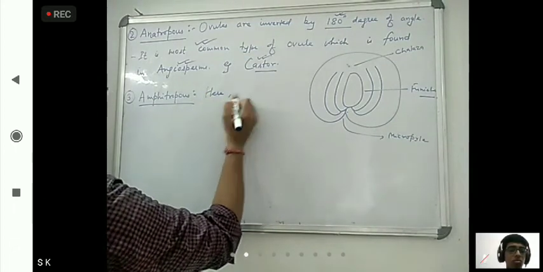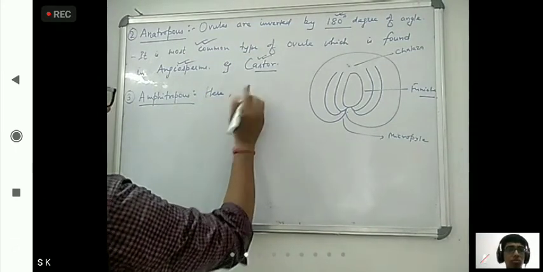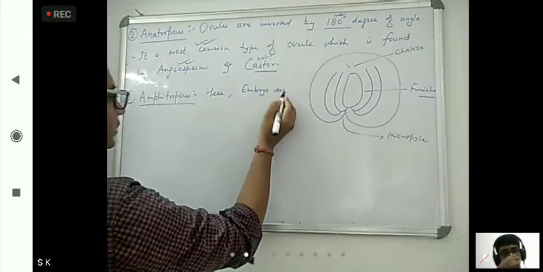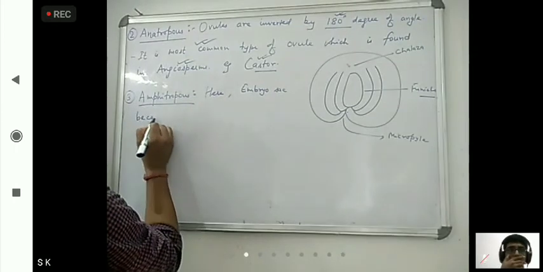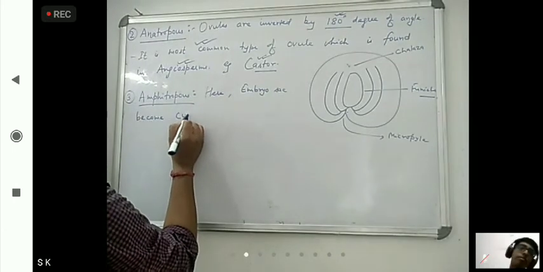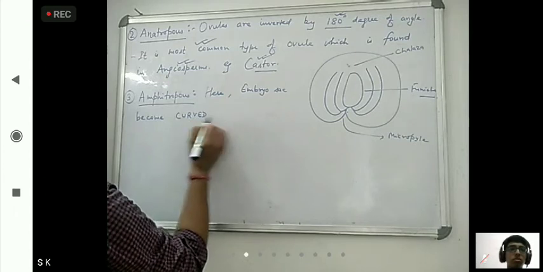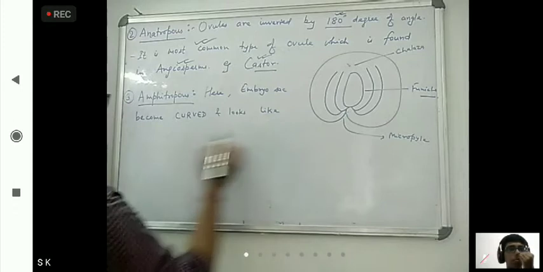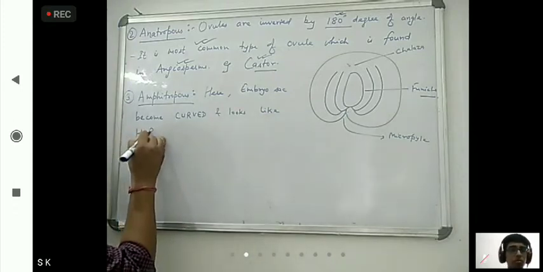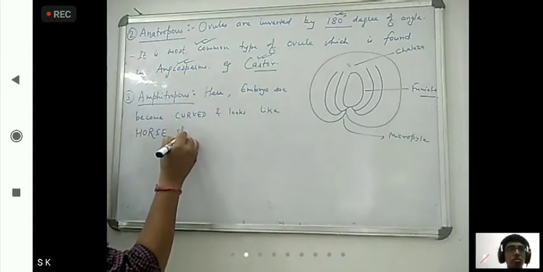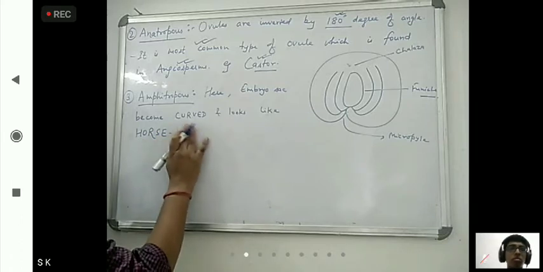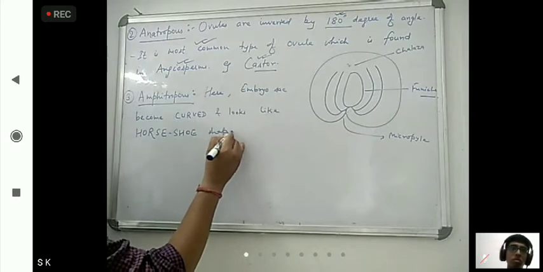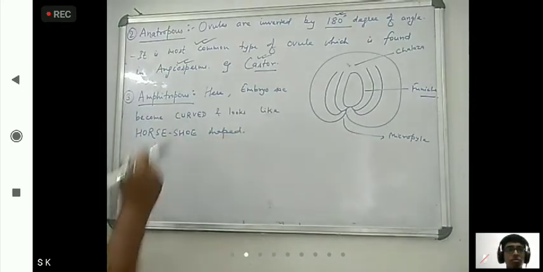Here embryo sac become curved and looks like horseshoe shaped. This you have to remember.